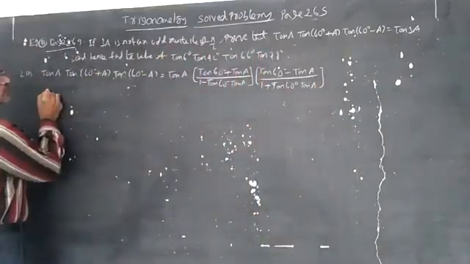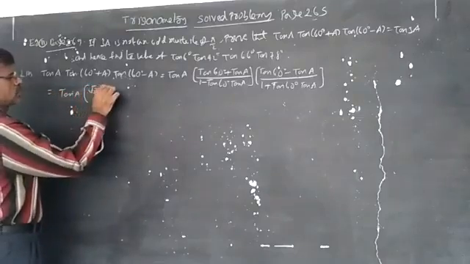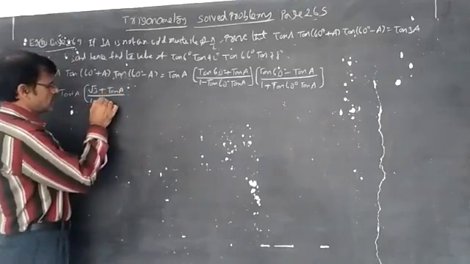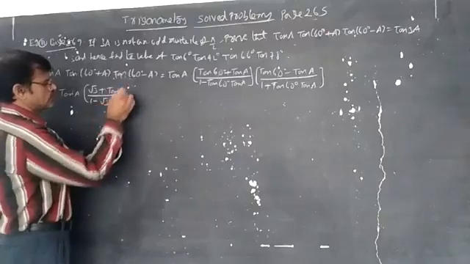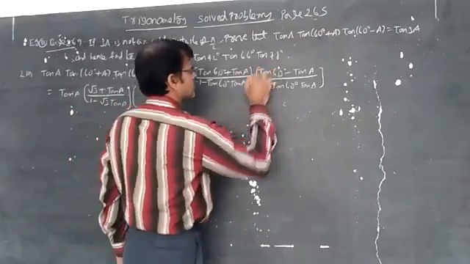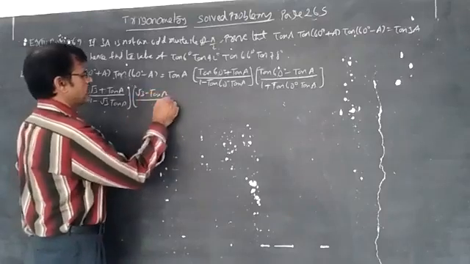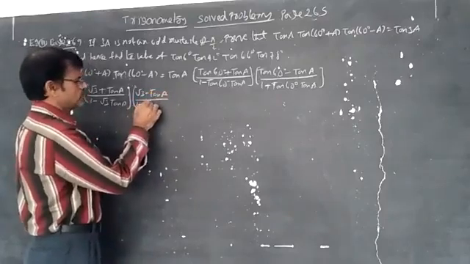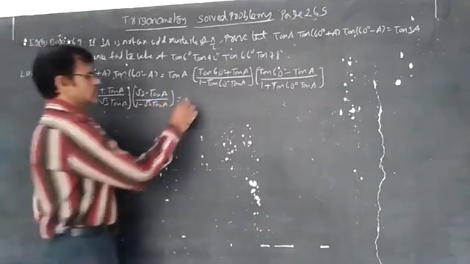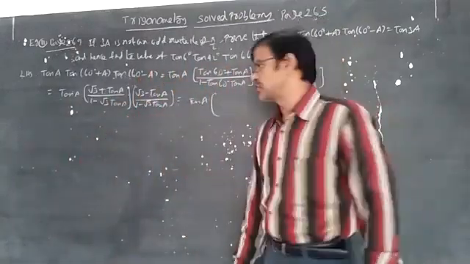That is equal to tan A into, the value of tan 60 is root 3. So root 3 plus tan A whole by 1 minus root 3 tan A, into this one, tan 60 again root 3 minus tan A whole by 1 plus root 3 tan A. You can understand this one as the formula of a plus b into a minus b.